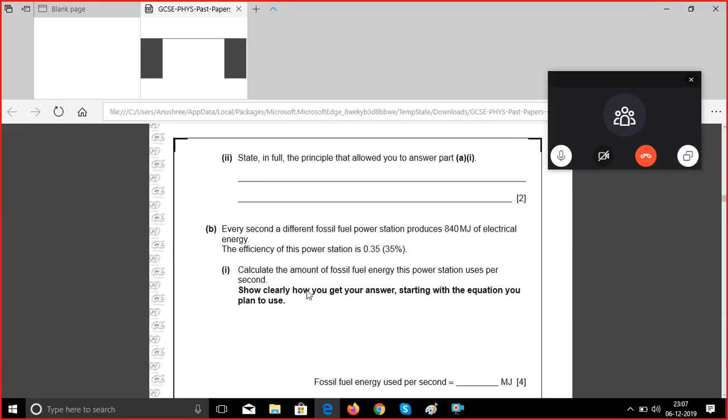Which principle do you know related with energy?